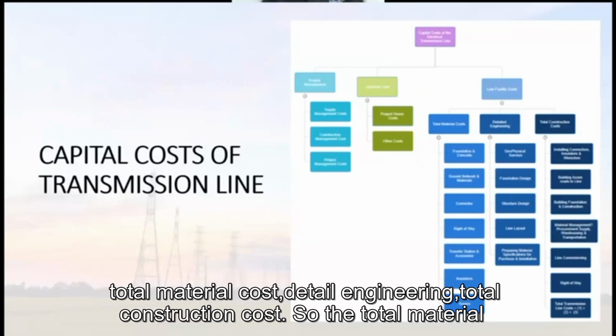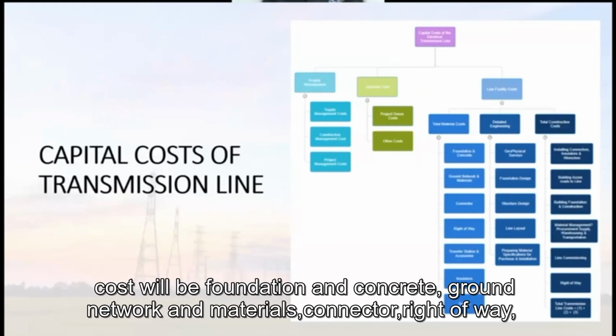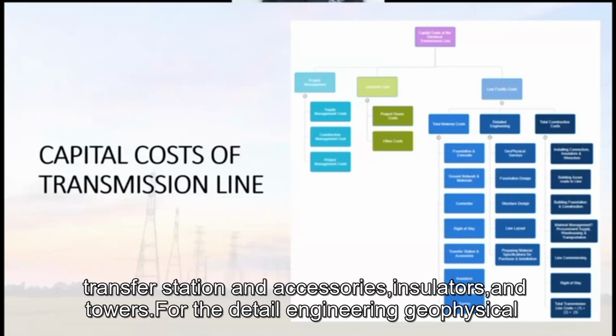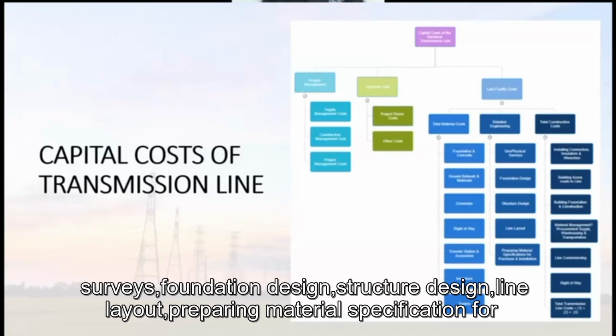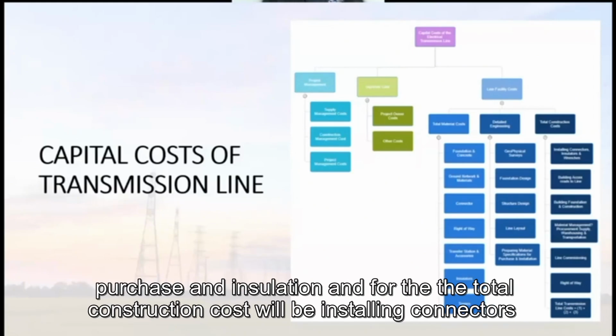The total material cost will be foundation and concrete, ground network and materials, connector, right of way, transfer station and accessories, insulators and towers. For the detail engineering: geophysical surveys, foundation design, structure design, line layout, preparing material specification for purchase and installation.